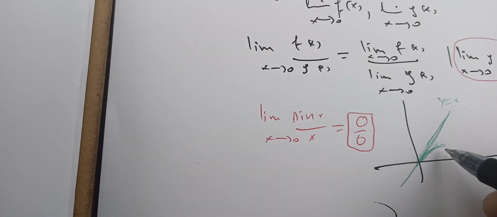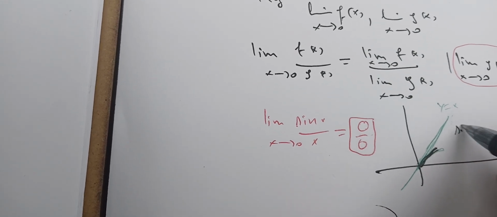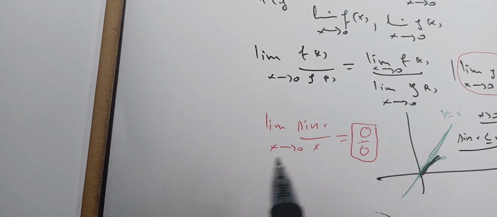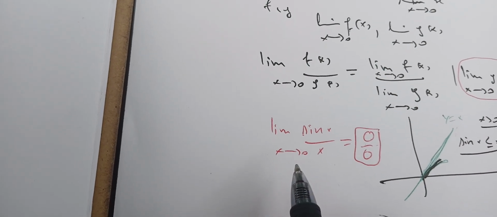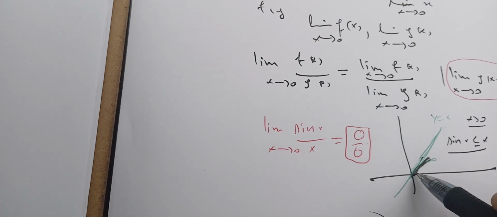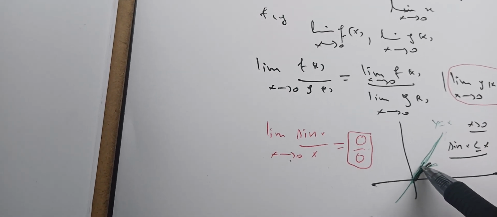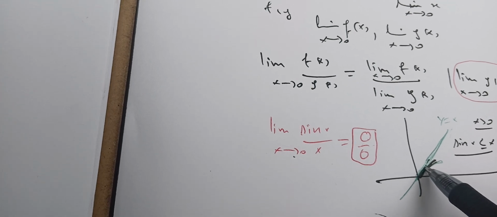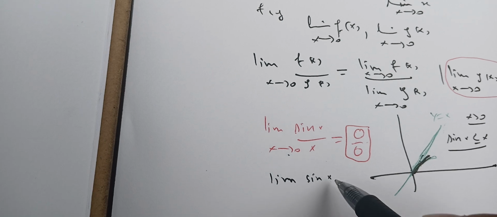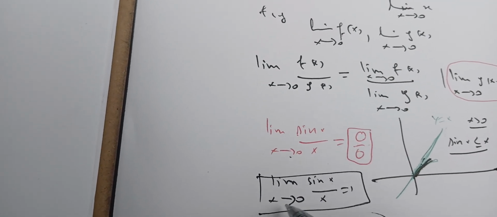Try to graph it using some calculator, and they will look the same, but remember that the sine of x is always less than x for positive values of x. When we get close to 0, these two become the same, and therefore the ratio is 1. So this is an intuitive idea telling us that this limit is 1.